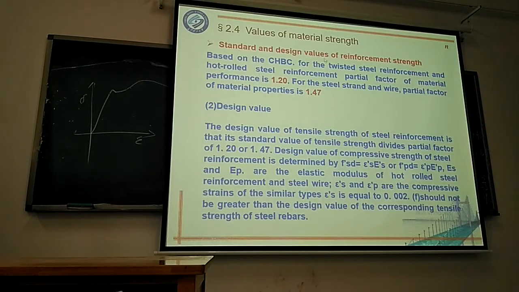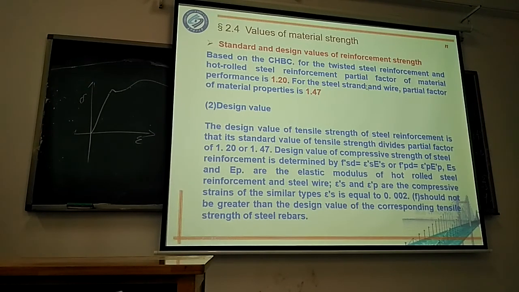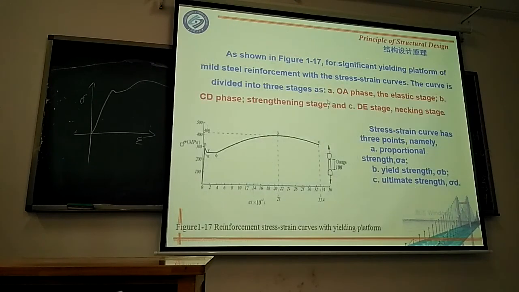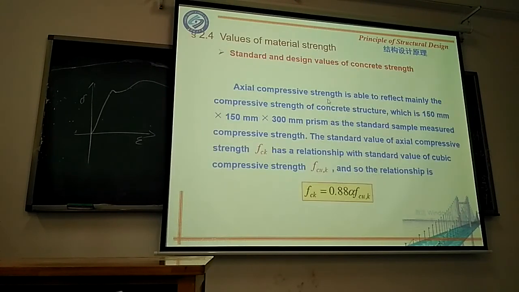And the standard design value of the reinforcement steel strength. In the Chinese code, for hot rolled steel reinforcement, the partial factor of the material performance is 1.2. For steel strand, the partial factor for the material property is 1.47.